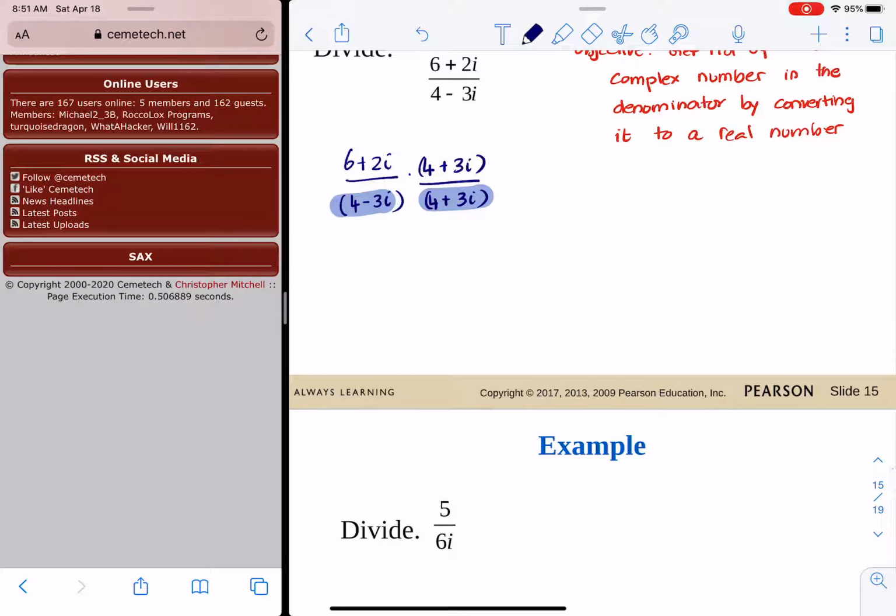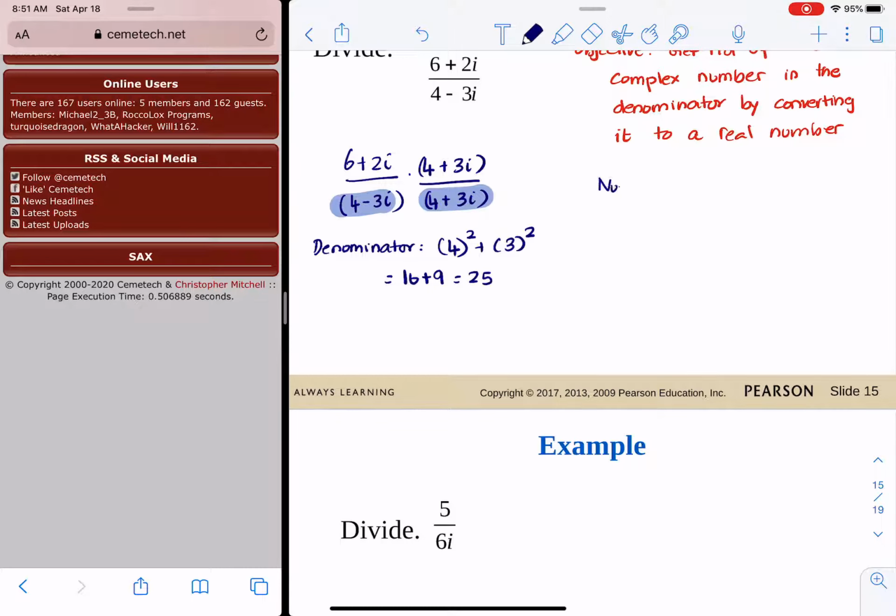So the denominator is easy here. It's simply real part squared, imaginary part squared, 16 plus 9, we end up getting 25.